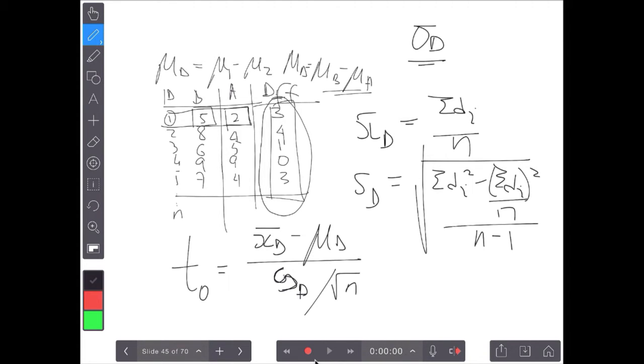Okay? So this is called hypothesis testing for the difference between two population means with matched pairs. The pair of samples are matched. Now what we did before was referred to as the difference between population means, but with independent samples.